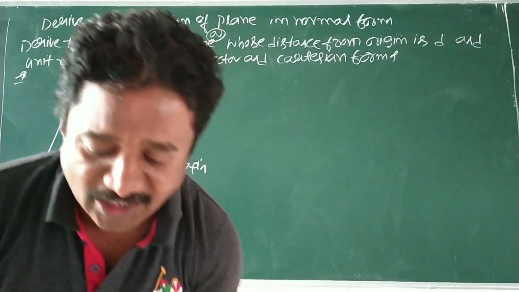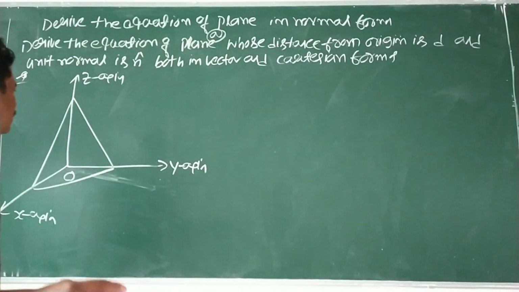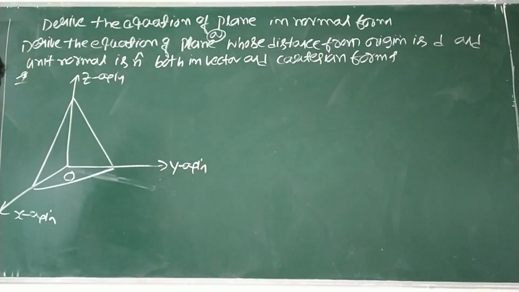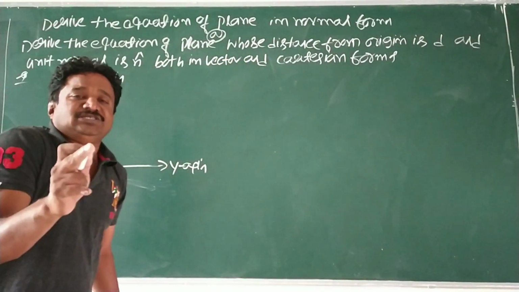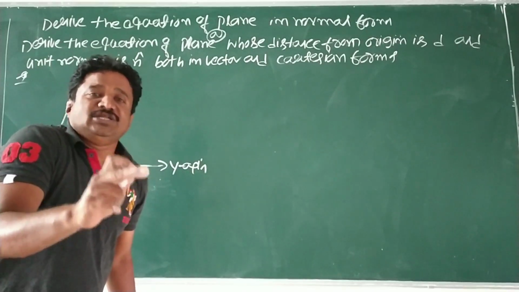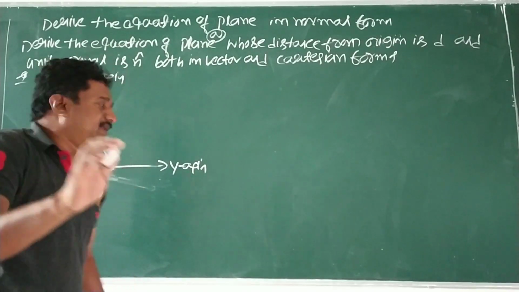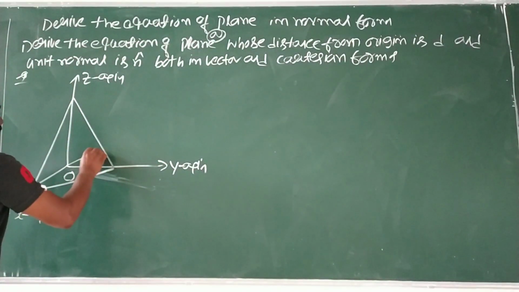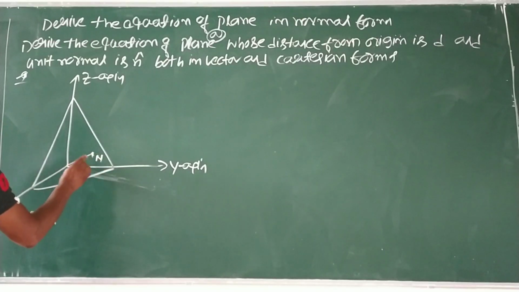Now let's go according to the question. The distance from the origin is D. You draw the distance between the origin and the plane. The distance between the origin and the plane, you take that as D. Now I am going to draw that. ON.